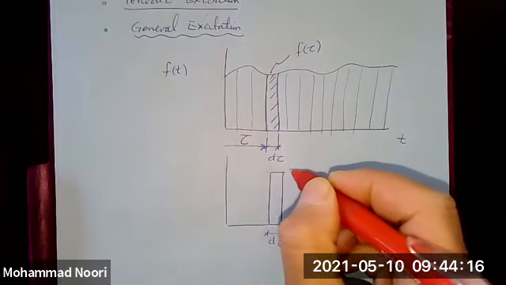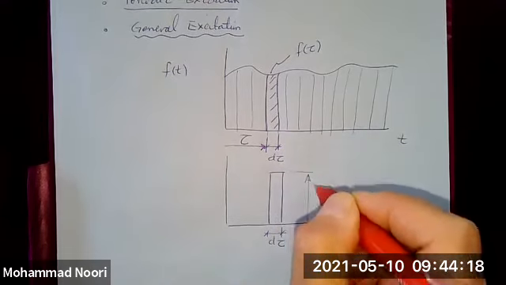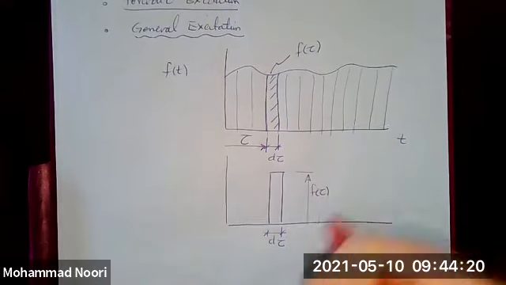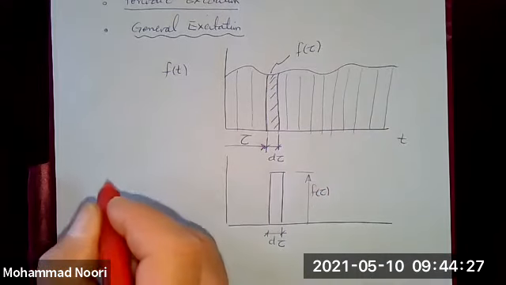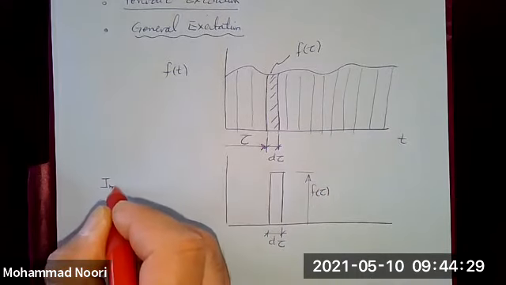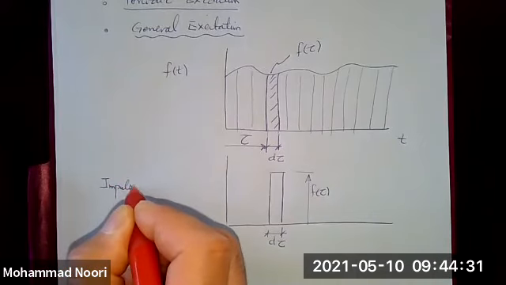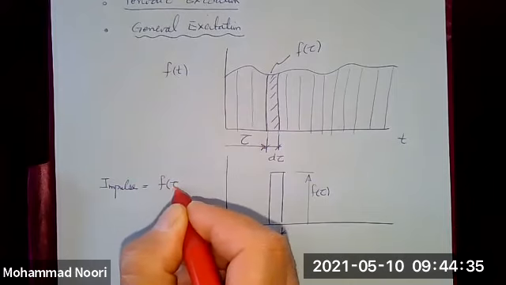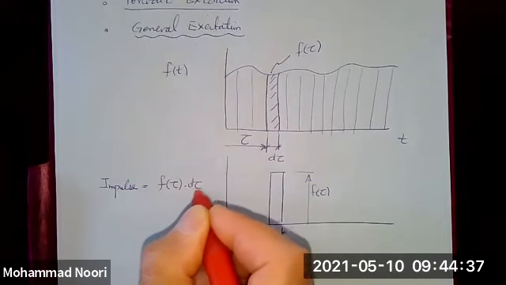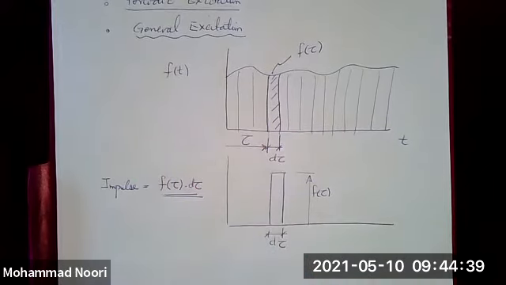So if this is f of tau acting during a very short duration, you remember the definition of impulse. Impulse is a force times a short duration of time.